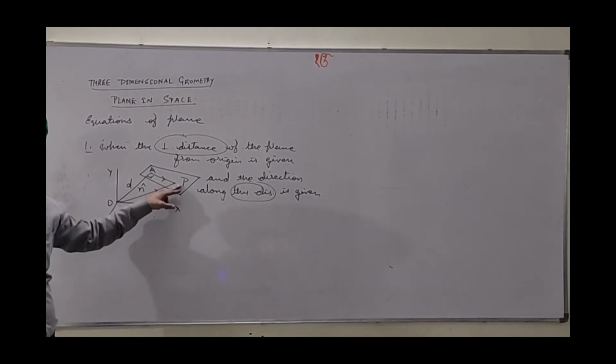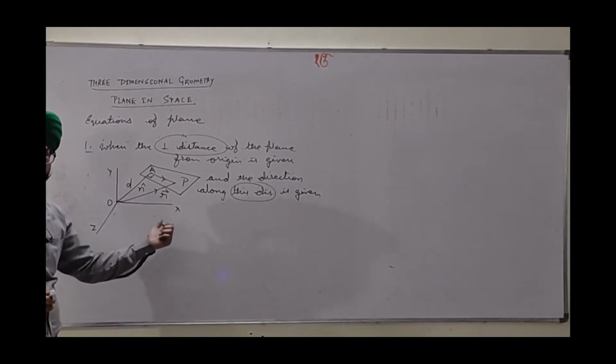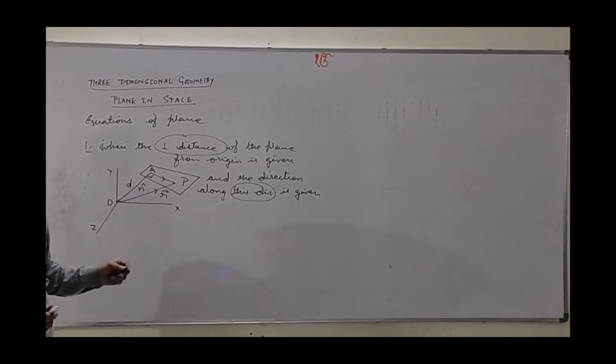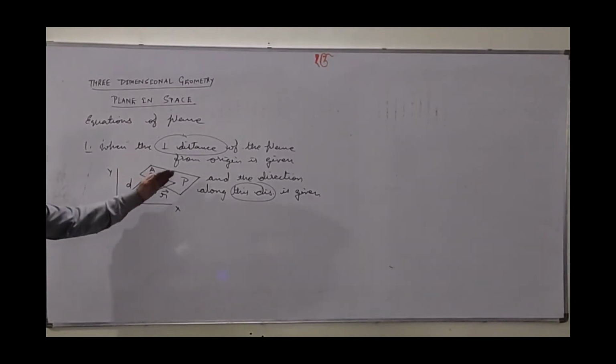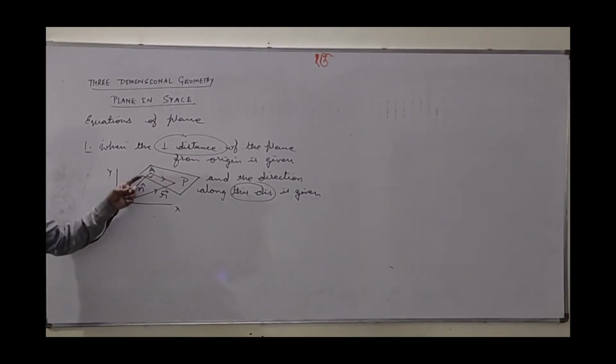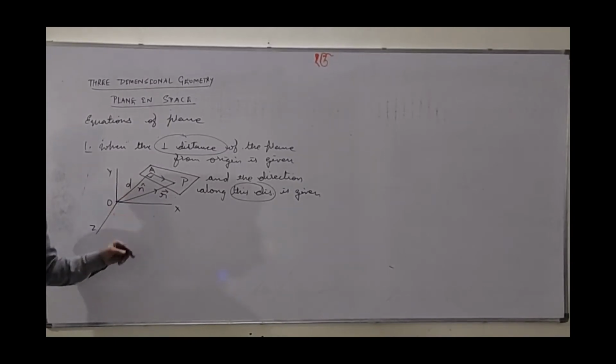For that I need the position vector of P, which is already available as vector r. I need the position vector of A also, but A is the foot of the perpendicular, and we don't have anything regarding its position vector. Don't forget, the position vector of a point is the vector joining the point with the origin.